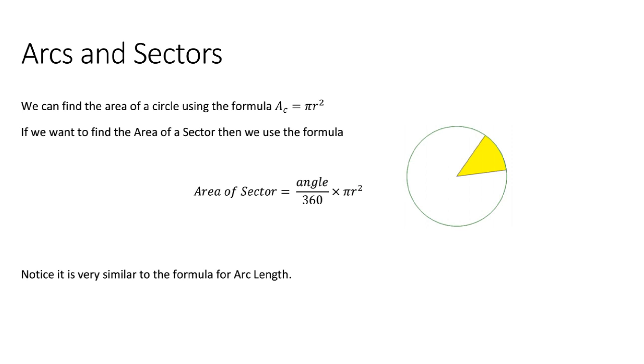You'll notice it's very similar to the formula for arc length. The big difference, however, is that with the area of the sector we use r squared because we're looking at the area of a circle, whereas with arc length we used pi d. So that's the big difference here.